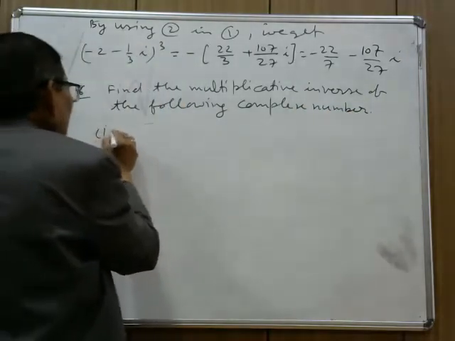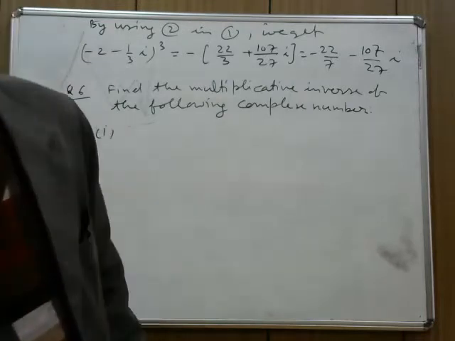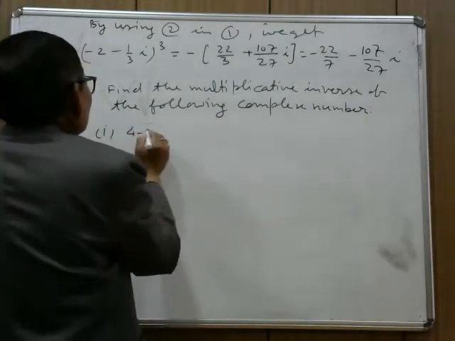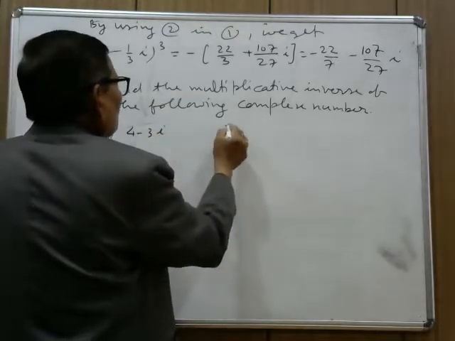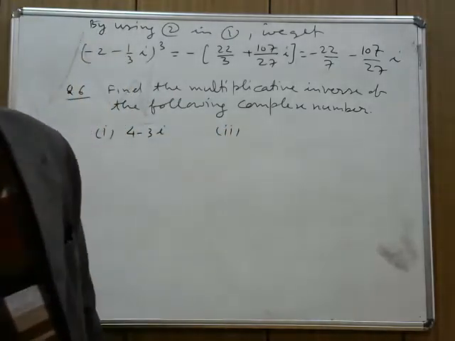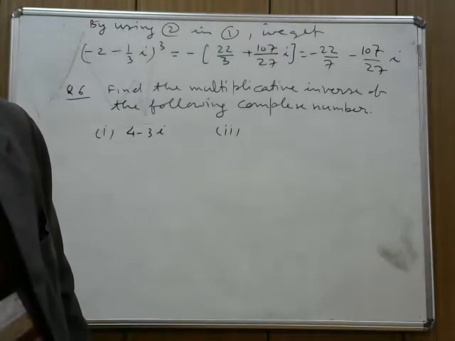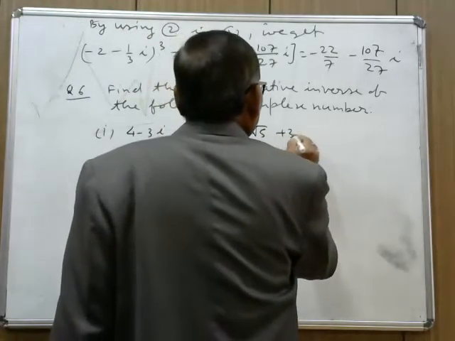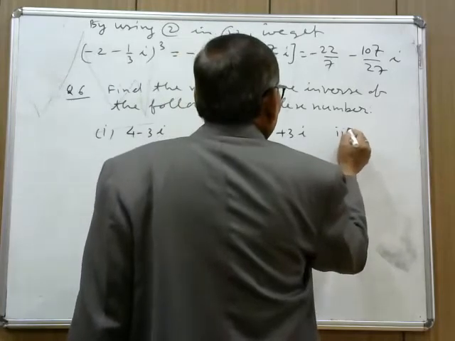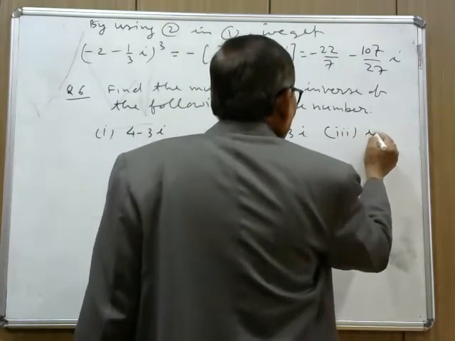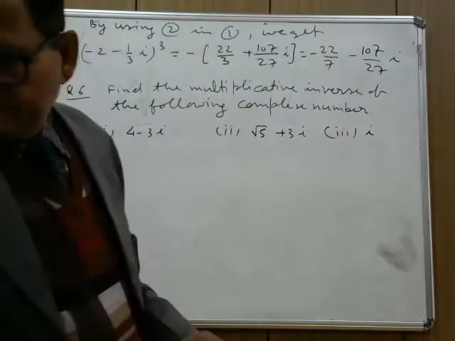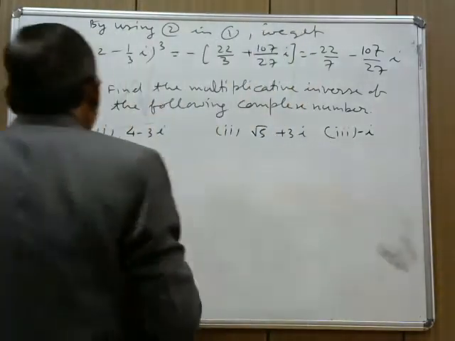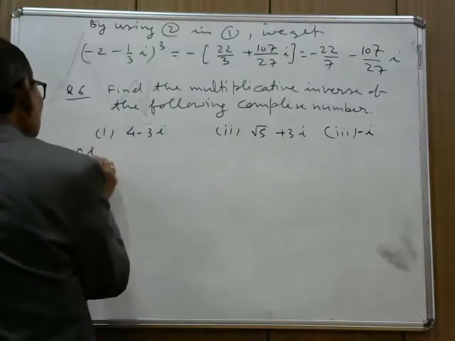Number 1, 4 minus 3i. Number 2, root 5 plus 3i. And 3, i or minus i. So you write the solution.